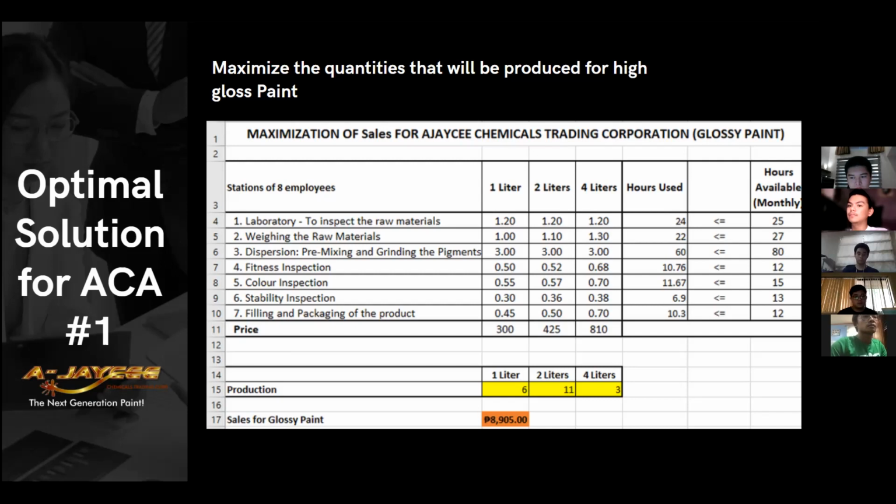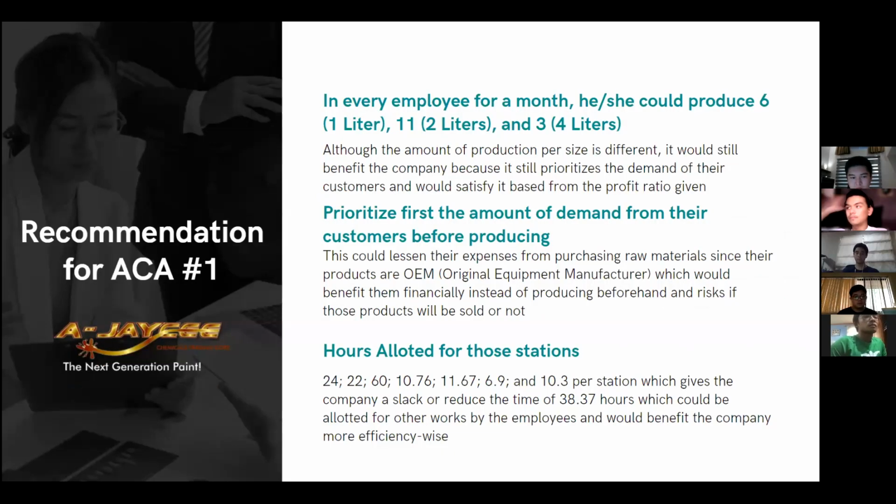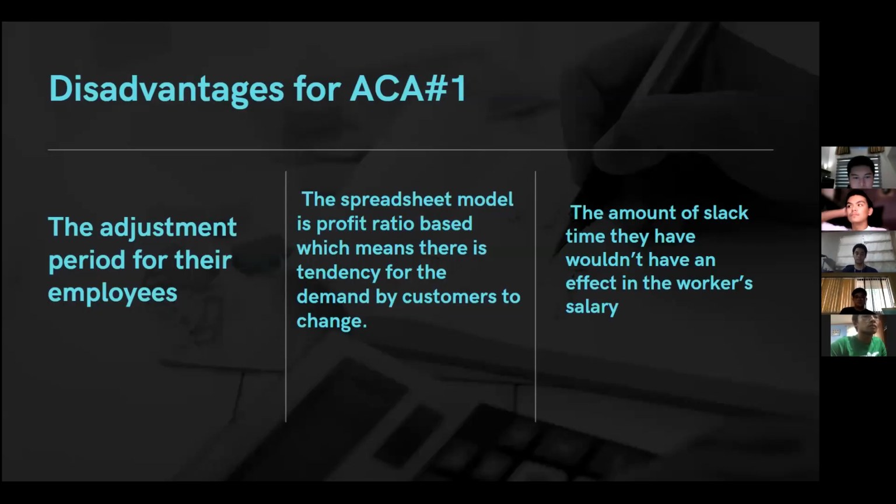Next slide, please. The group recommends prioritizing the demand before production and following this number of hours per station because this would benefit them financially instead of producing beforehand, which could risk overproduction. Next slide, please. Although this benefits the company, there are downfalls with this course of action.